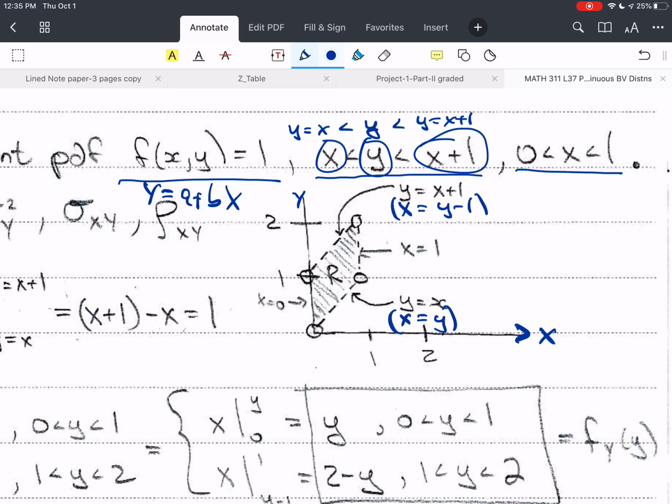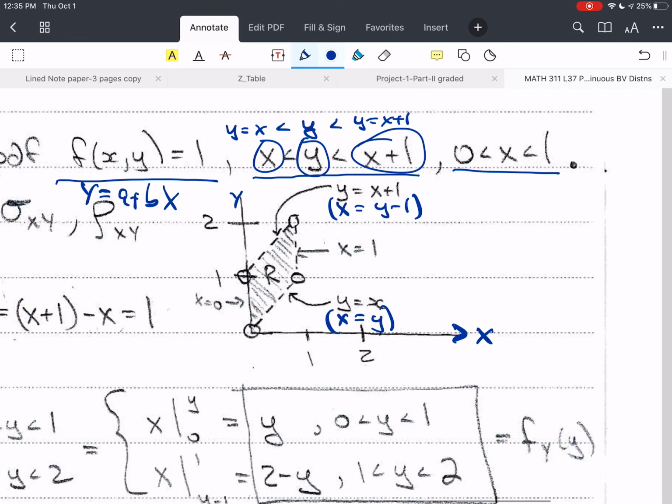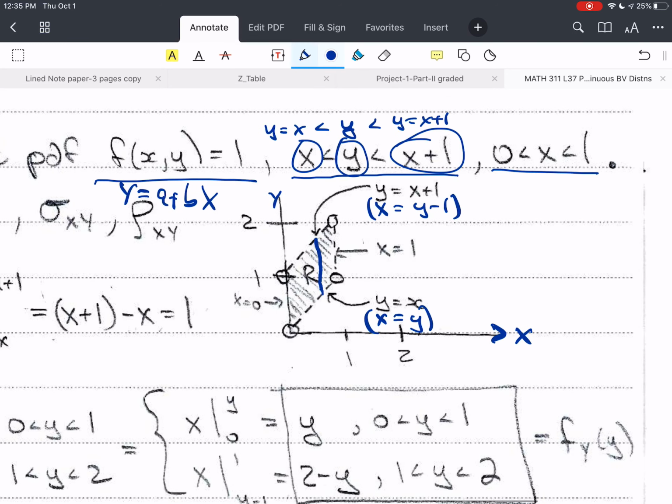Now, if you were integrating with respect to y, you're going straight up here, from y equals x to y equals x plus 1. And that is true across the whole range of x from 0 to 1.